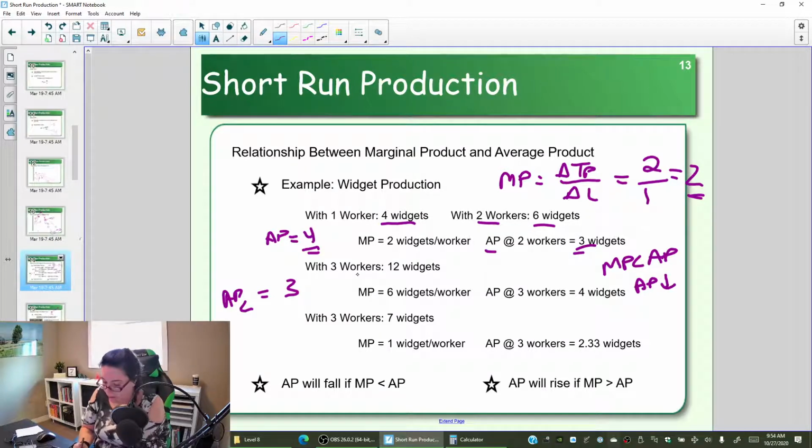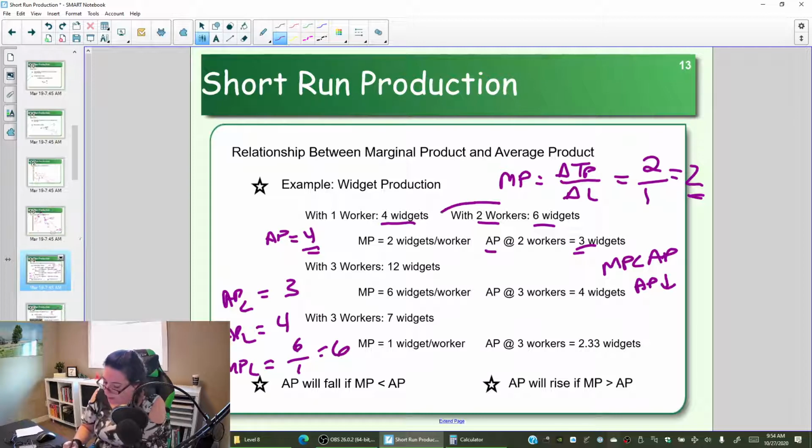Now with our 3 workers, 12 widgets, on average they can make 4. When we go from 2 workers to 3 workers, the marginal product of labor, we are changing by 1 worker, and we are going from making 6 widgets to 12 widgets. So the change in total product is 6.